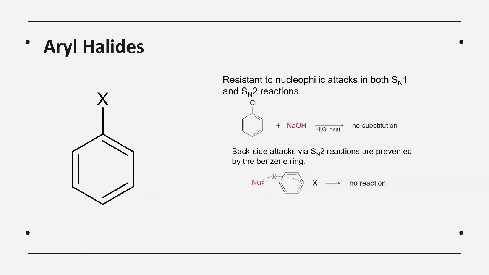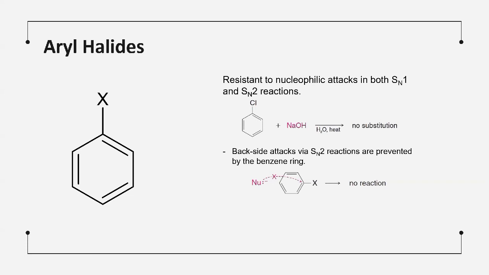So first, for SN2 reactions, this is prevented by the presence of the benzene ring. Since for an SN2 reaction to occur, there needs to be a nucleophilic backside attack. Now, a nucleophilic backside attack requires that the nucleophile attaches itself to the carbon 180 degrees relative to the leaving group, in this case, our halide.